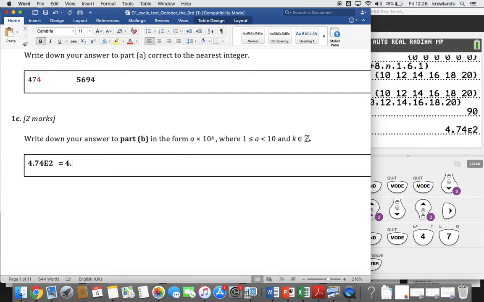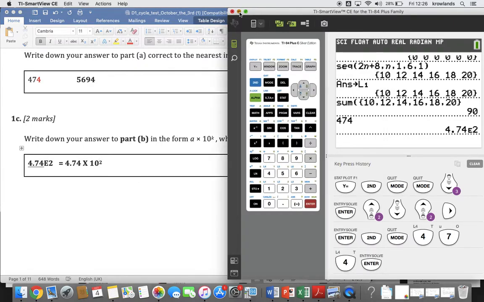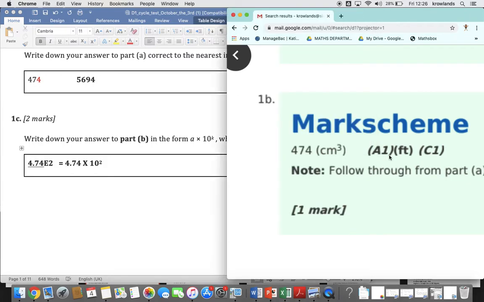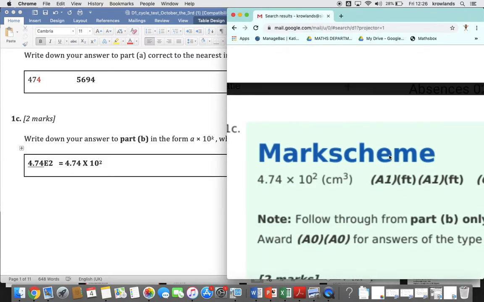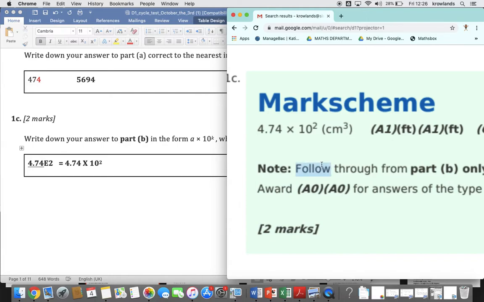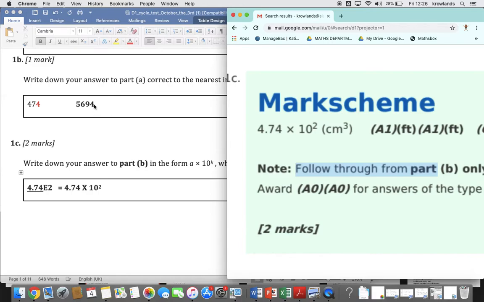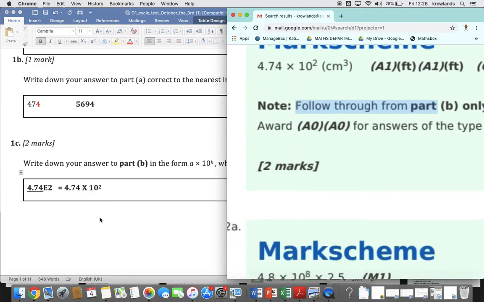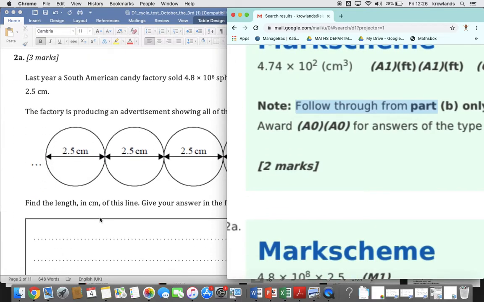So I'm going to write it as 4.74, which is the first bit already, and instead of writing E2, I'm going to write times 10 to the power of 2. And our answer is simply that. If you have a look in the mark scheme for this question, again you get a follow through mark. So if you wrote the wrong thing in part B, you would get the mark if you then wrote it in standard form. Let's go on to question 2.